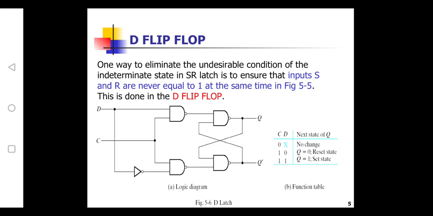If D is equivalent to 0 and clock is equivalent to 1, output of D flip-flop is equivalent to 0. So whatever input we give, we get the same output. That is the reason D flip-flop is also called a delay flip-flop or a transparent flip-flop. So the modified form of SR flip-flop through a NOT gate to the R is called a D flip-flop.